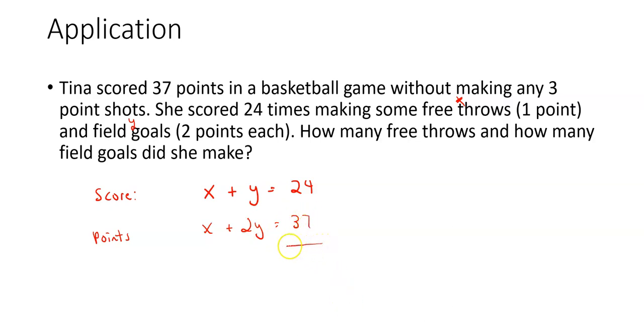Now we've got a system of equations. Let's solve. Maybe I'll multiply the top row by -1. My goal is to clear out the x's. So I get -x minus y equals -24. Remember, everything gets multiplied by -1.